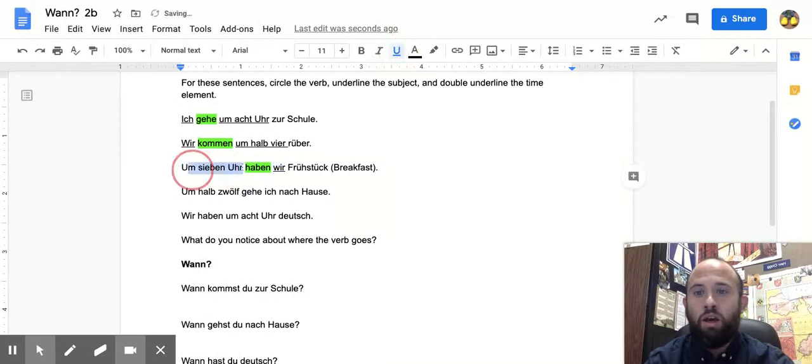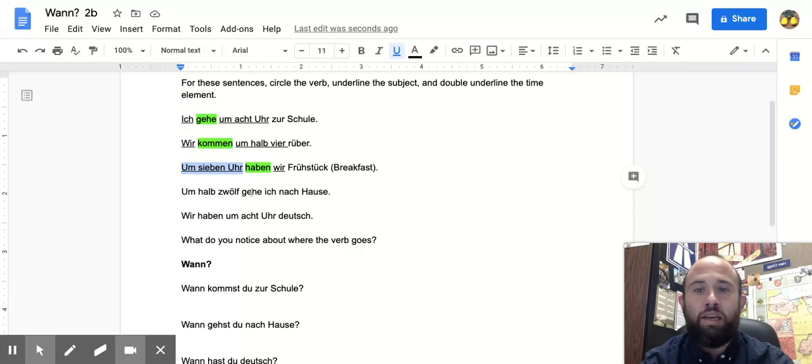And then on this side, this time, we have 7 Uhr. At 7 o'clock. And so, even though that's 3 words, 7 Uhr, we'd still consider that one thing, an element of time. So, I'm just using that one to show you that even though it's 3 words, haben is still our second thing in the sentence. And that's where verbs like to be.